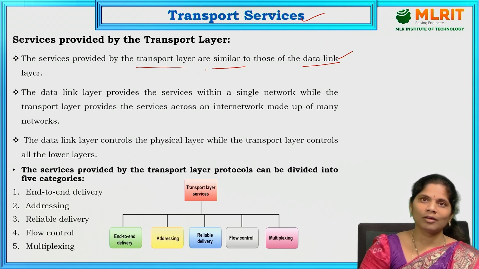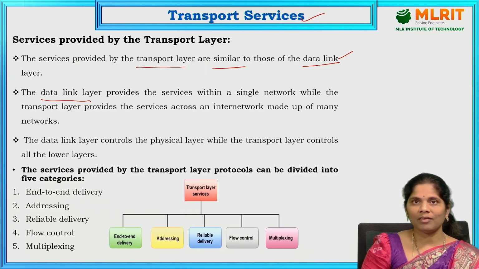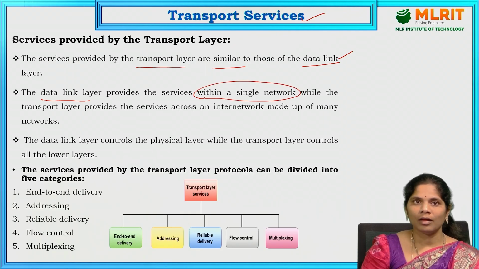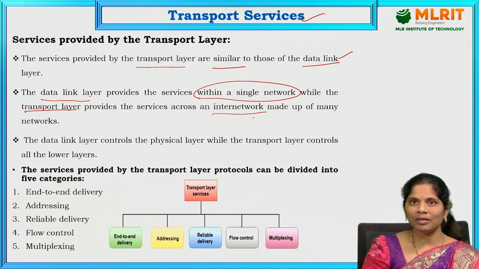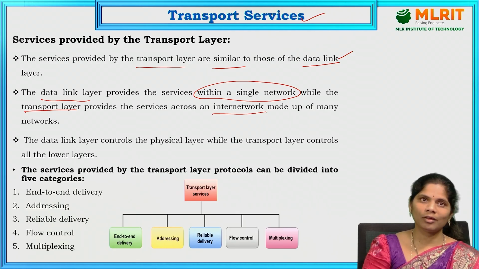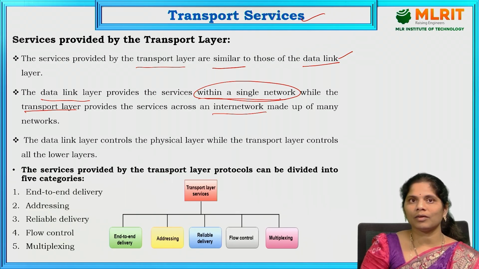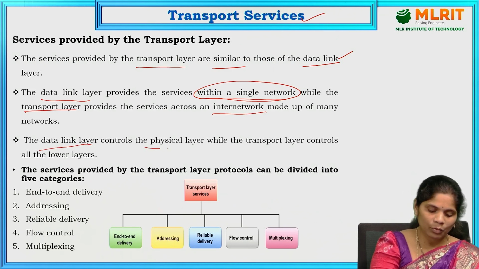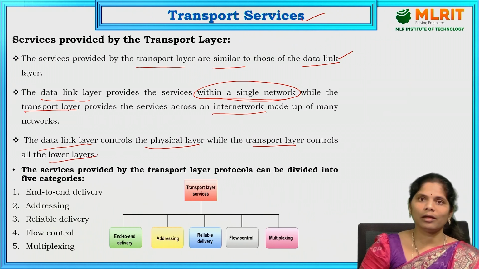The data link layer provides services within a single network only, while the transport layer provides services between networks. The data link layer controls the physical layer only, and the transport layer controls all lower layers.